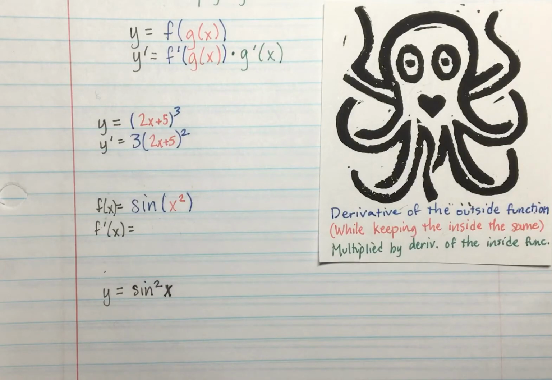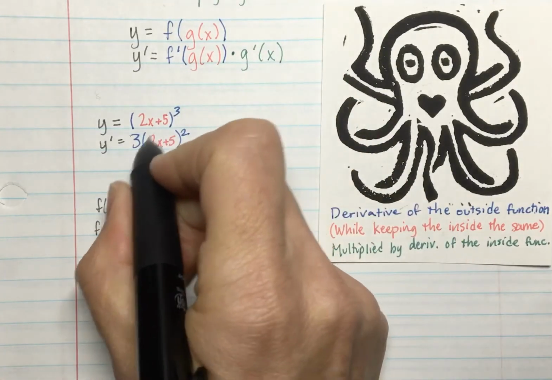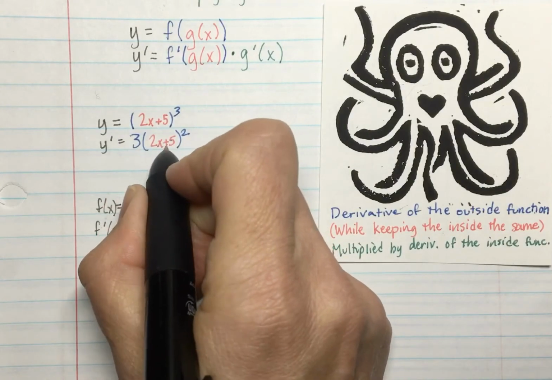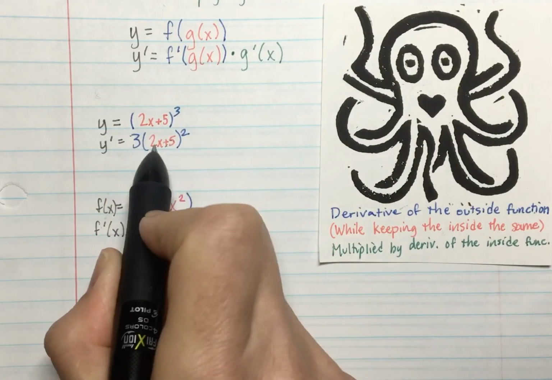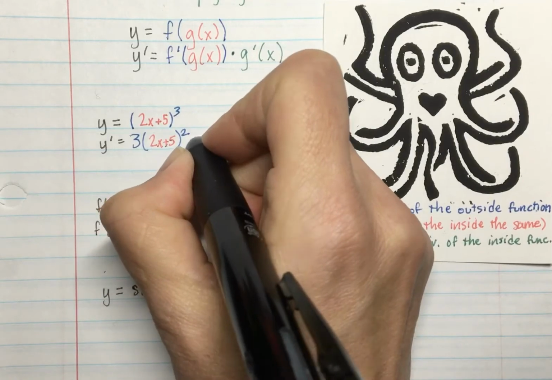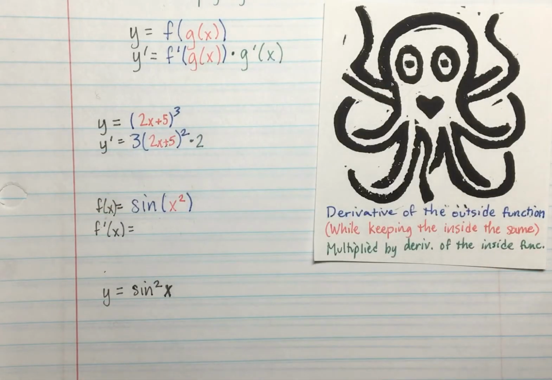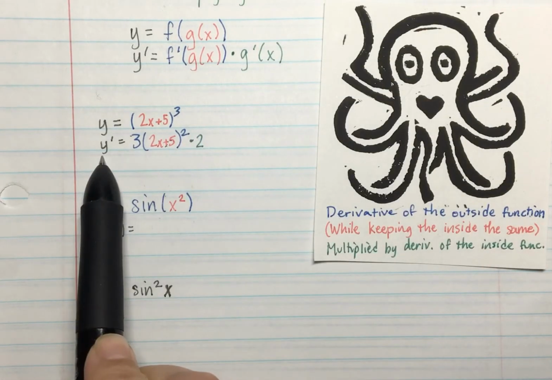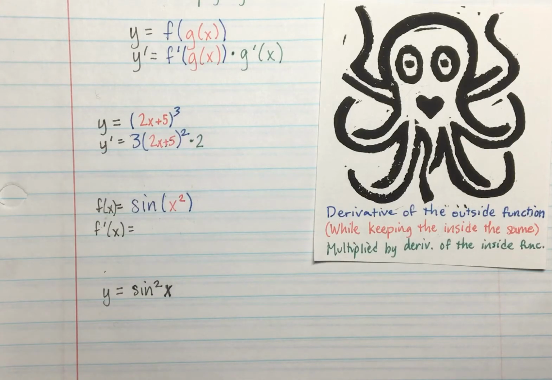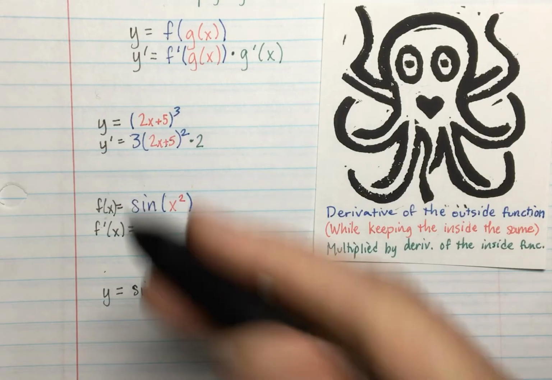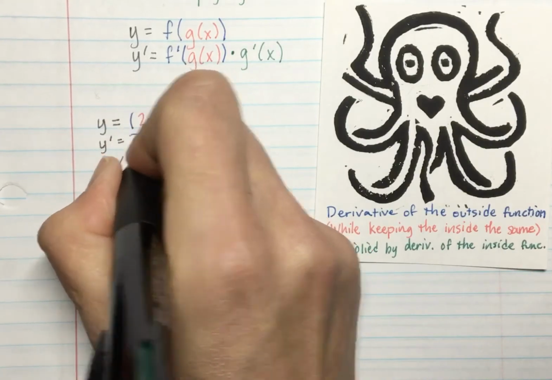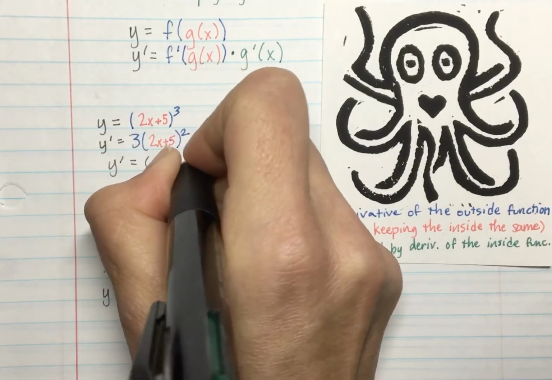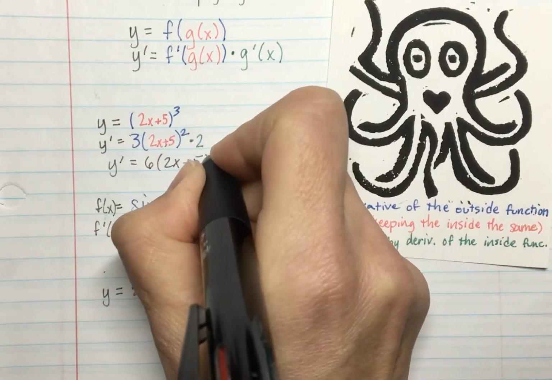And then finally times the derivative of the inside function. So the derivative of our inside function, that being a linear function, derivatives are slope. Slope of that line, 2x plus 5, is a 2. So there we go. We actually can stop right here. Obviously, if this were a multiple choice question, you would have to be like, okay, don't be lazy. y prime equals 6 times the (2x plus 5) squared.